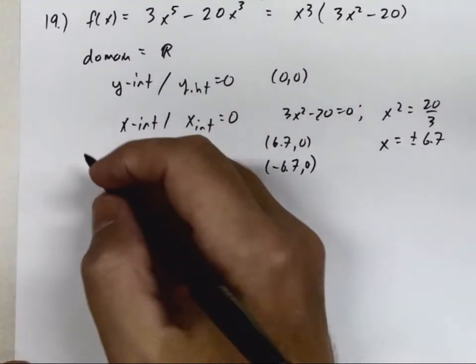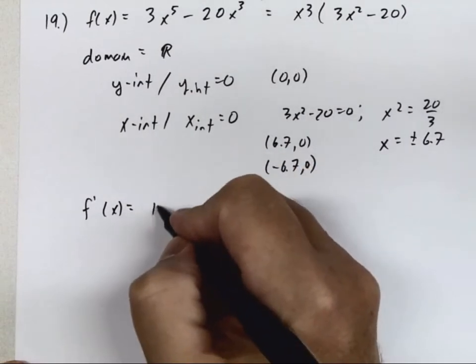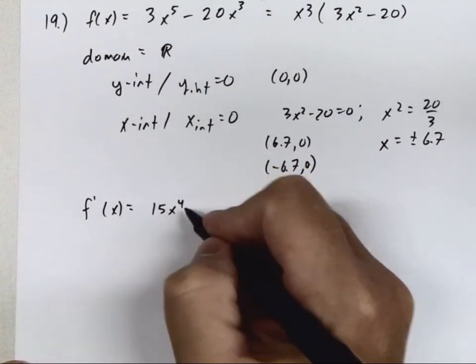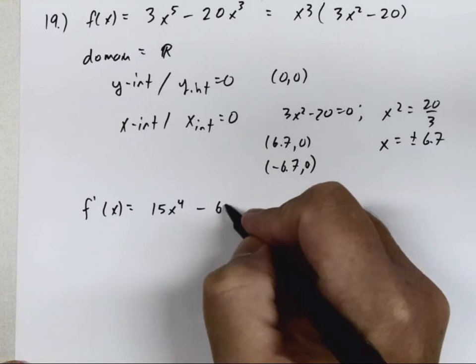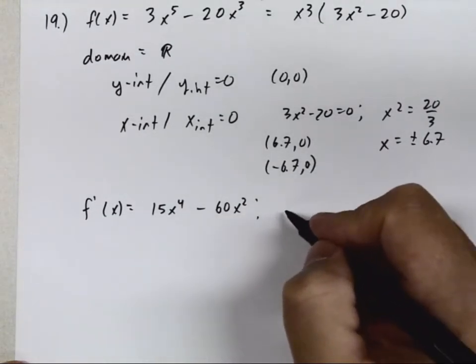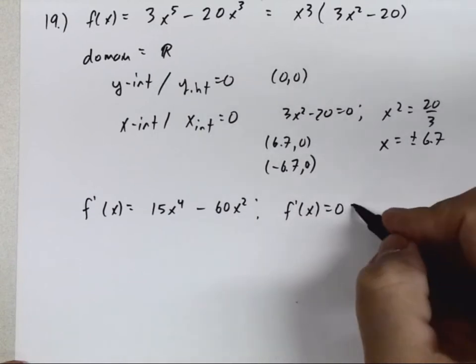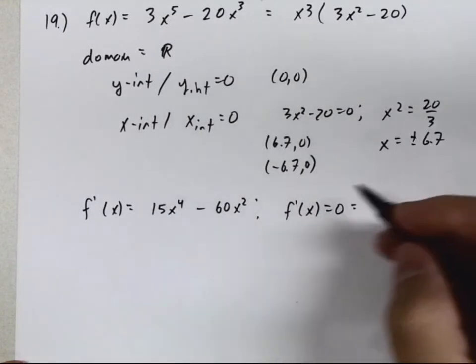All right, let's take the first derivative. 15x to the fourth minus 60x squared. To find the critical points, I'm going to set that first derivative equal to 0. And actually, I'm going to save some time.